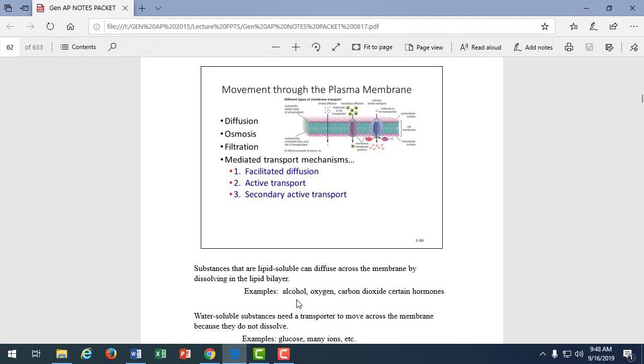Because it diffuses right off of their mucous membranes and from the blood across their lung tissue and in their exhale. And that's why we can use a breathalyzer to determine how much alcohol is in the blood, because it's rapidly diffusing into the lungs and being exhaled. So we know that alcohol can diffuse.